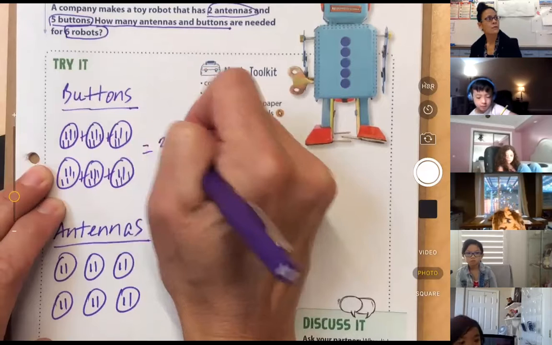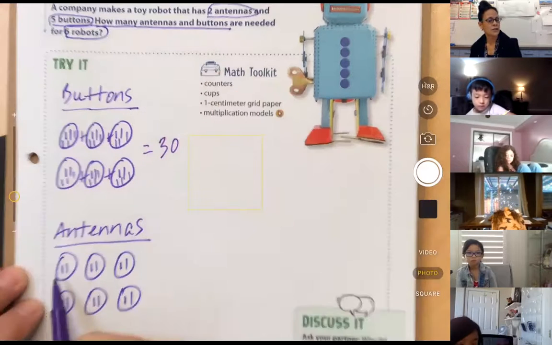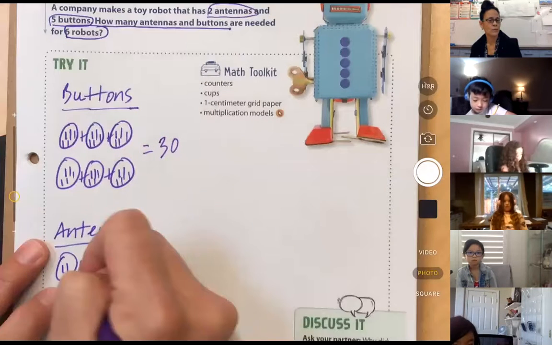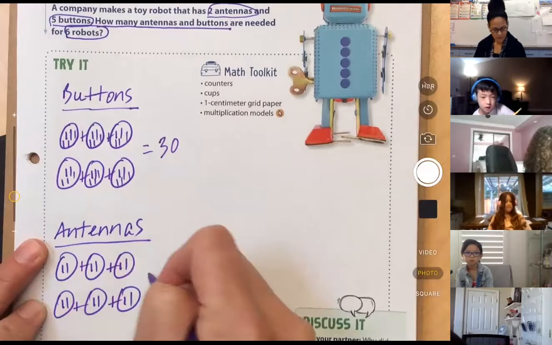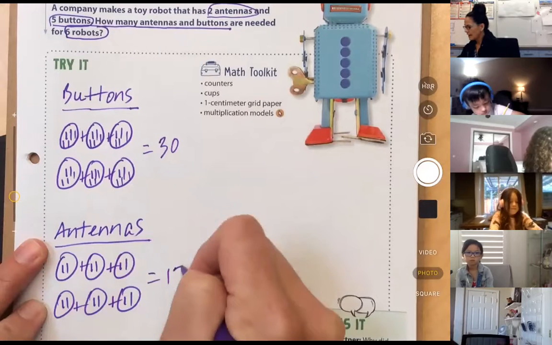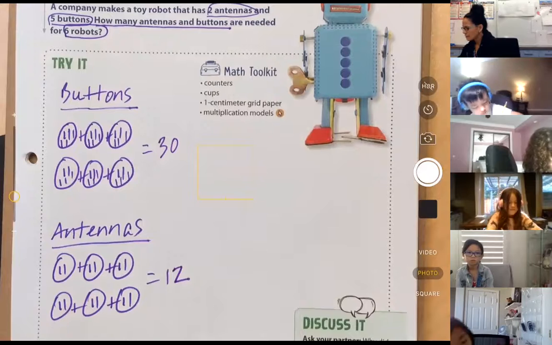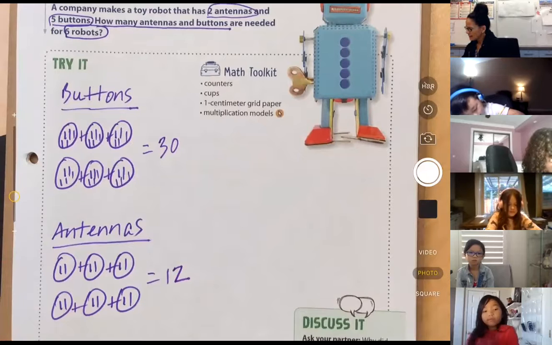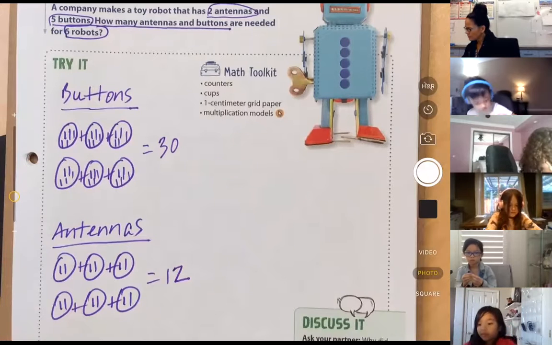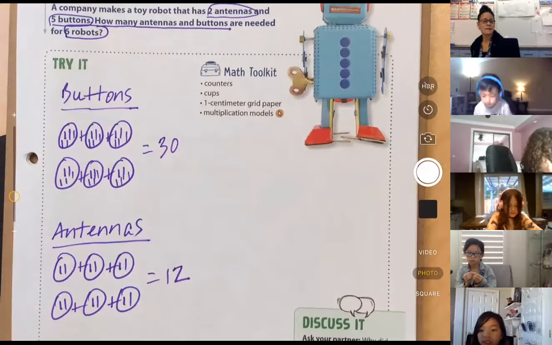Could I write corresponding multiplication sentences to explain what I'm looking at? Yes, I could. Because I would have 6 groups of 5, and that would give me 30 buttons, and I would have 6 groups of 2, which would give me 12 antennas.